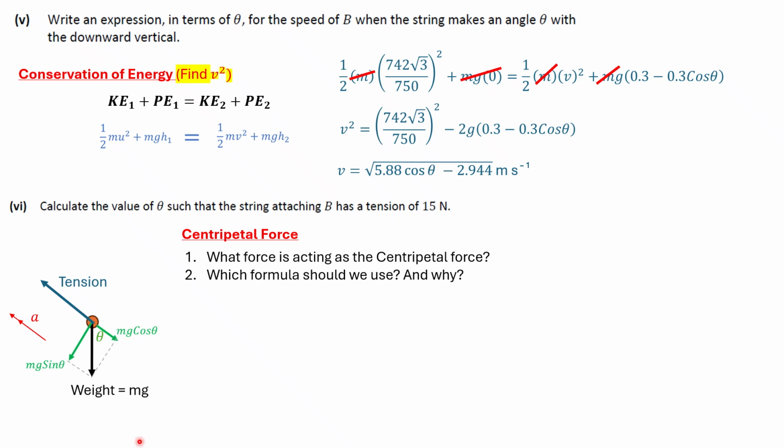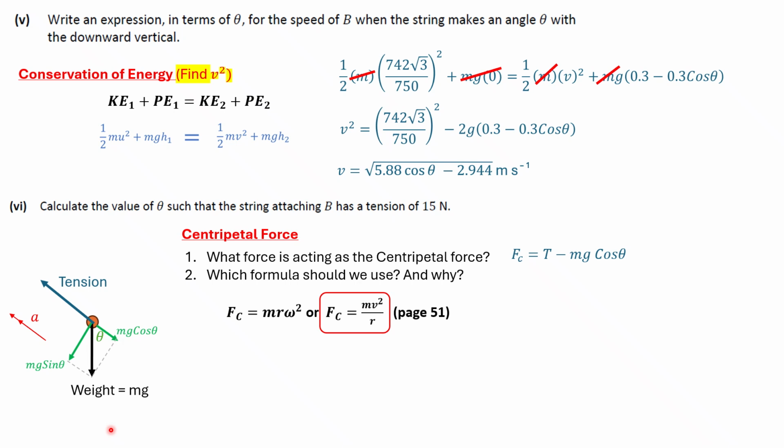Then we need to think about our formula. Which of these two are we going to use and why? Our centripetal force, Fc, is going to be our tension minus mg cos theta. And we're always looking at using the formula with v squared when we're dealing with vertical circular motion, because we're always working with the conservation of energy. So we're never dealing with omega in that case.